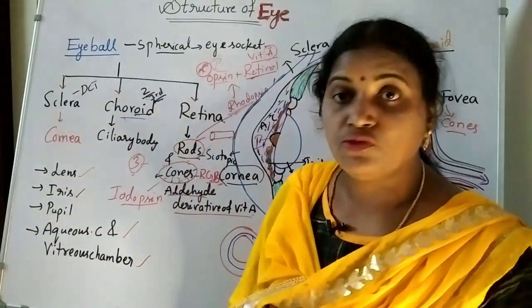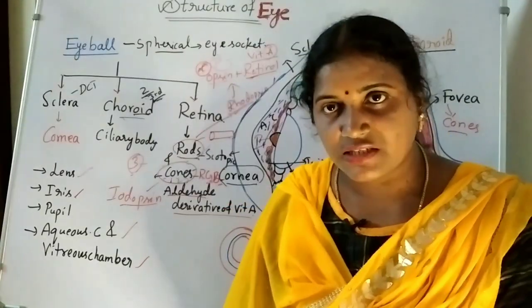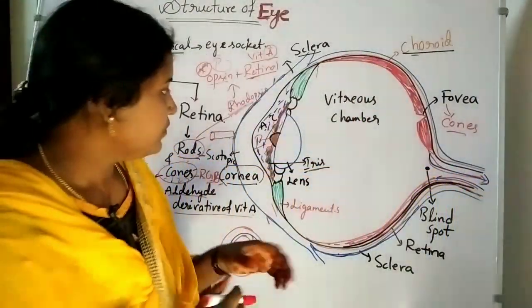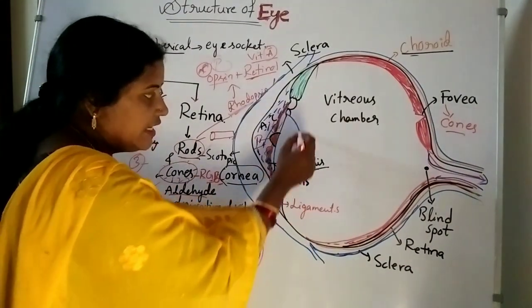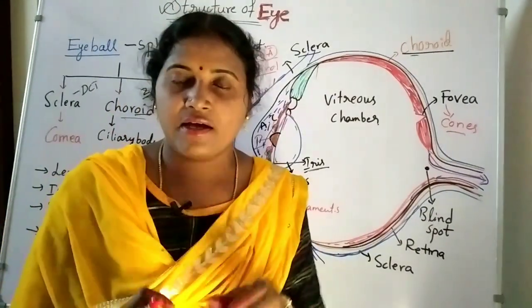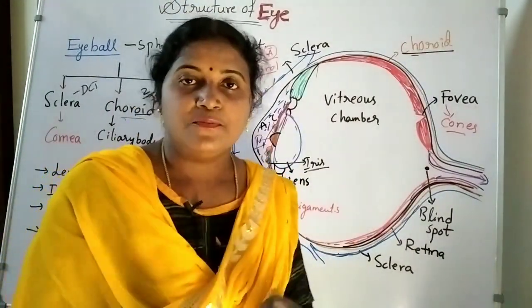Next we'll see the remaining structures in the eyeball: the lens, iris and pupil. The lens is transparent, just like the lens in a camera.